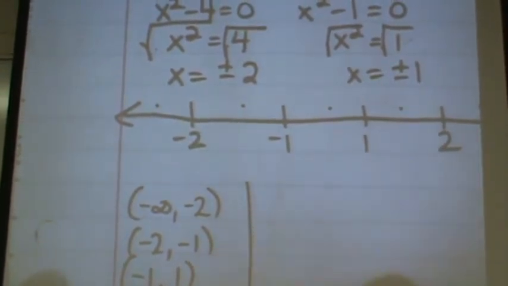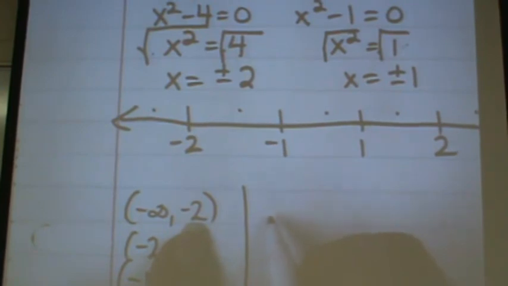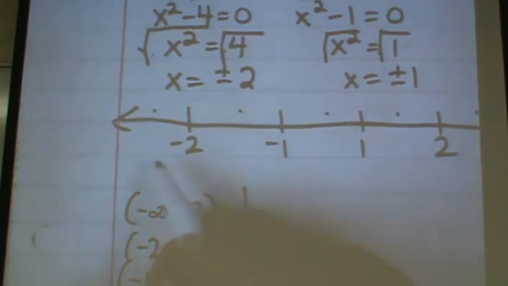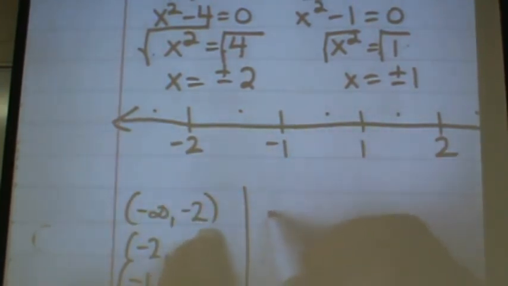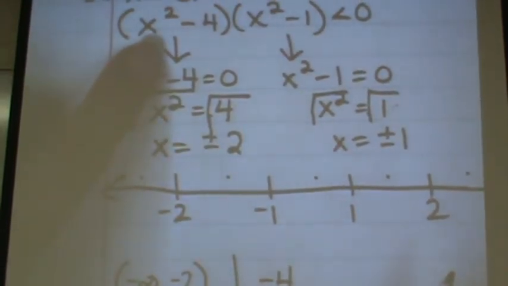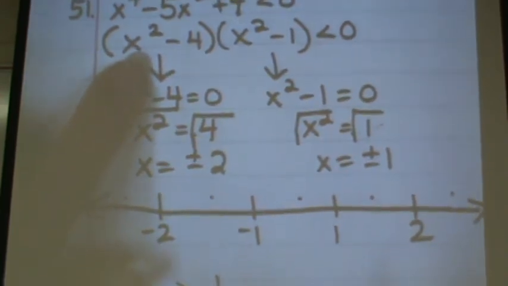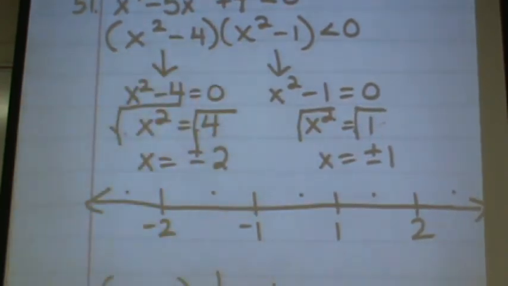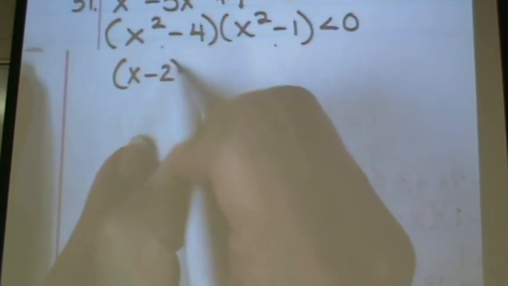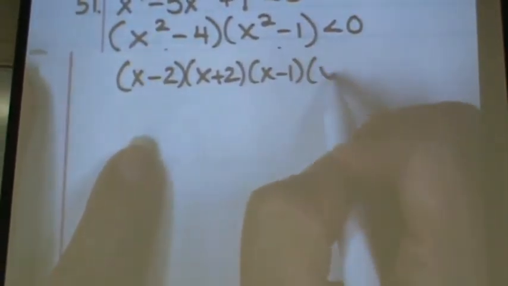So if we test a point like -3 or -4 or -5, any negative, let's do -4. If we plug -4 here, we're going to get, and if you wanted to even break this up even further, you could. For example, this would be easier: x minus 2, x plus 2, x minus 1, x plus 1.